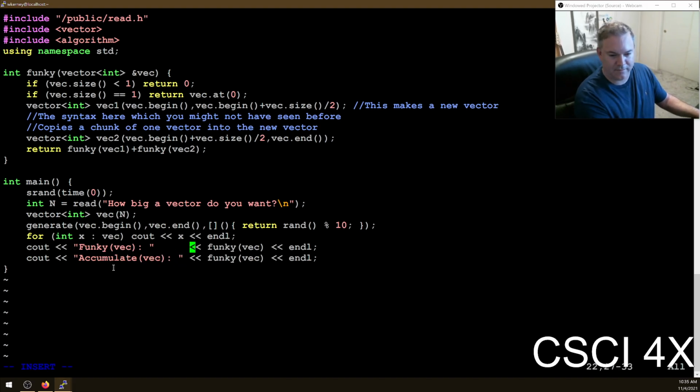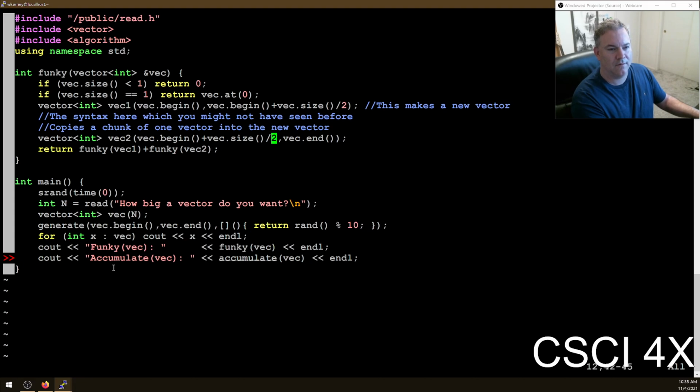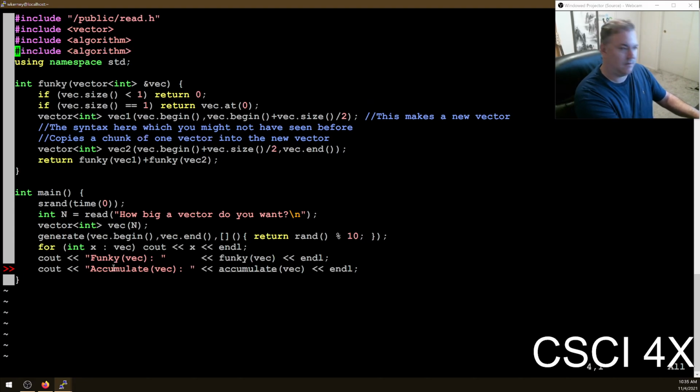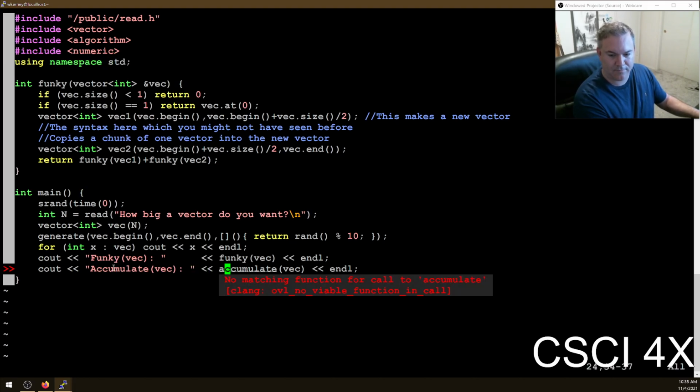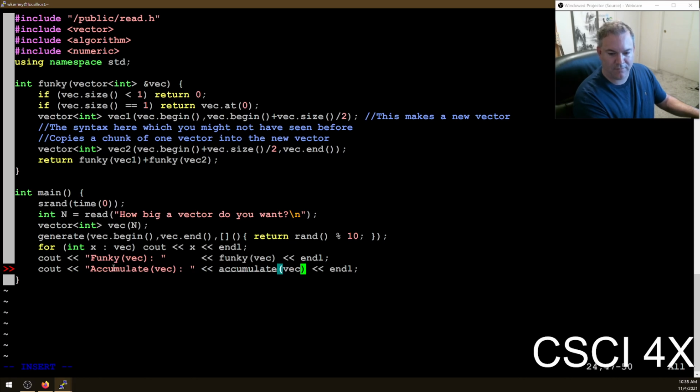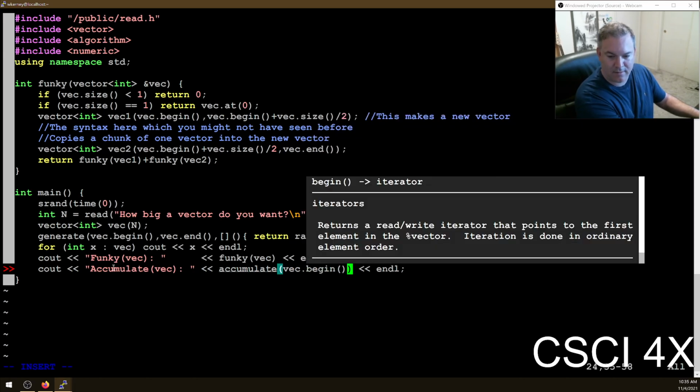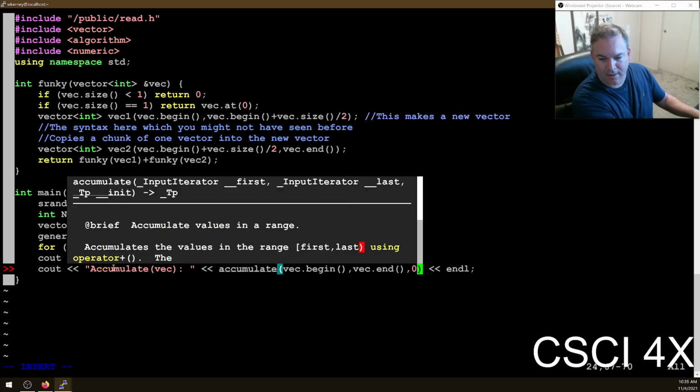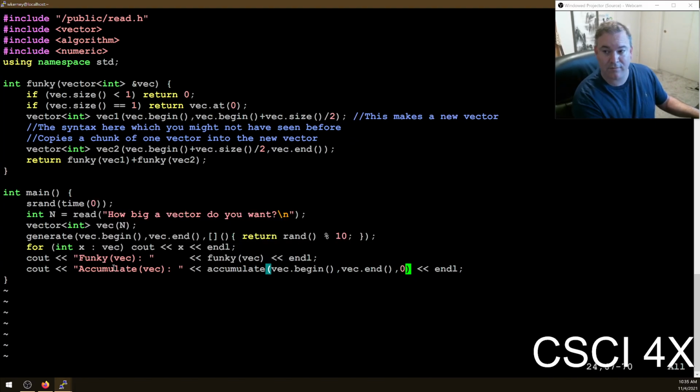And of course, there is a standard library function that does this, which is accumulate, I think. From vector.begin to vector.end, and you have to pass it a subtotal to begin with, which is really stupidly annoying. All right.